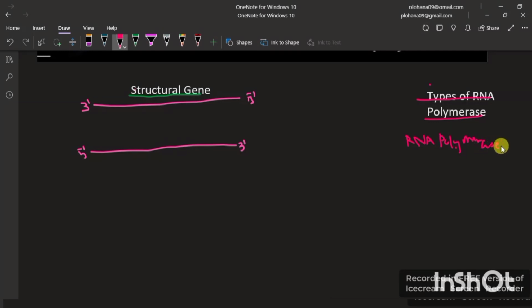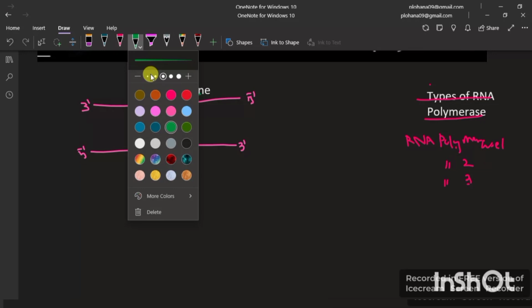Second we have RNA polymerase 2. Then third we have RNA polymerase 3. Now let's see what these are making.